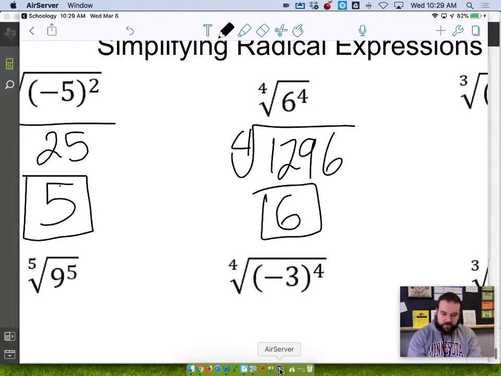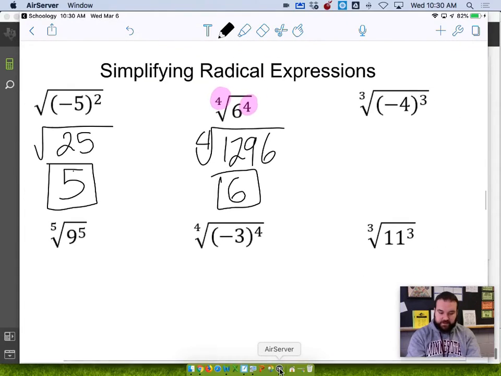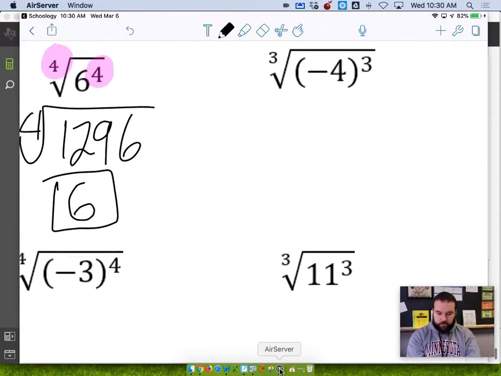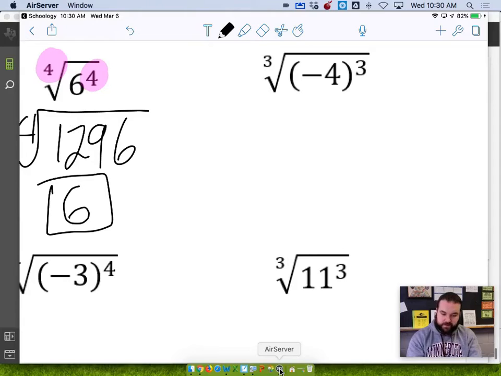So as you can see, in this case the power and the index of the radical essentially cancel each other out and gave me just the number 6 back. We'll see that sometimes that happens and sometimes it doesn't.